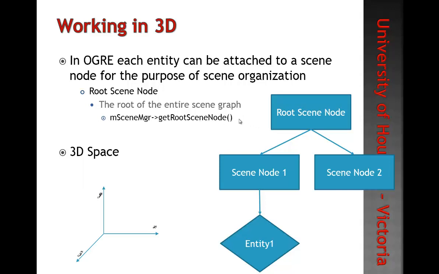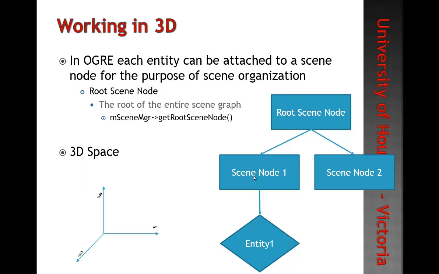We attached the entities, the light entity and the entity for our ninja mesh, to the root scene node. Obviously, that's not the most efficient way of attaching objects to your application. So we'll see how we can maintain locations and pointers to our objects in the scene by creating different scene nodes for them.